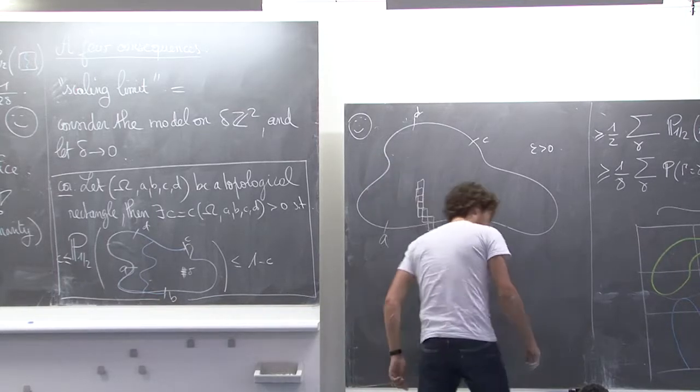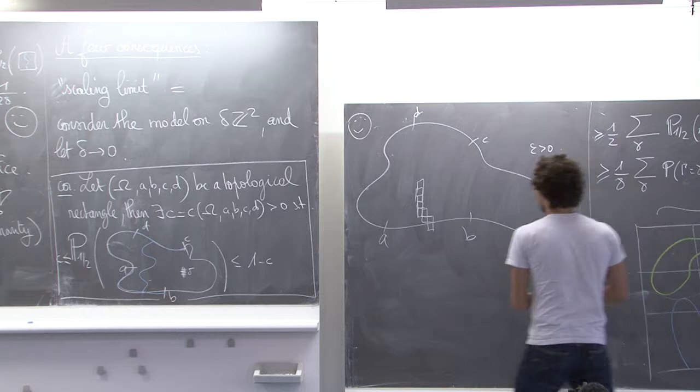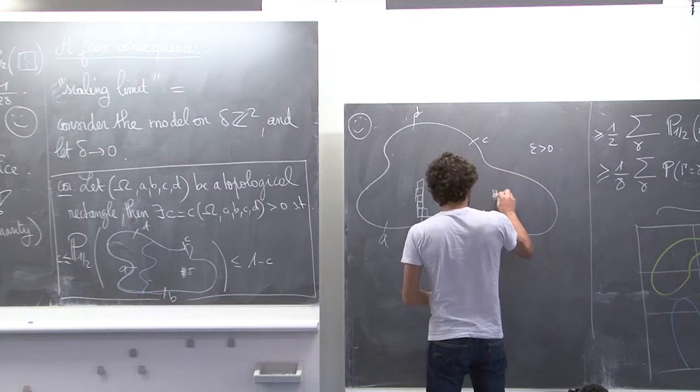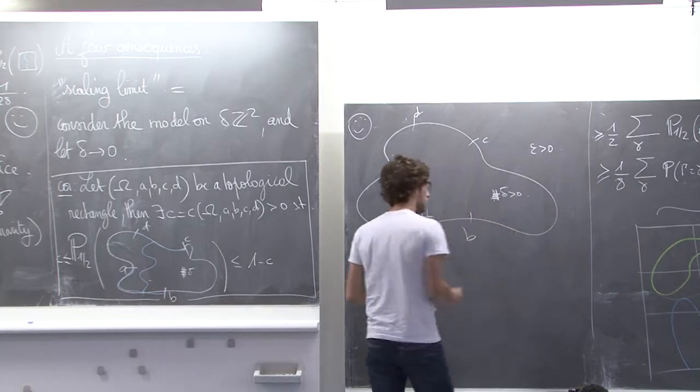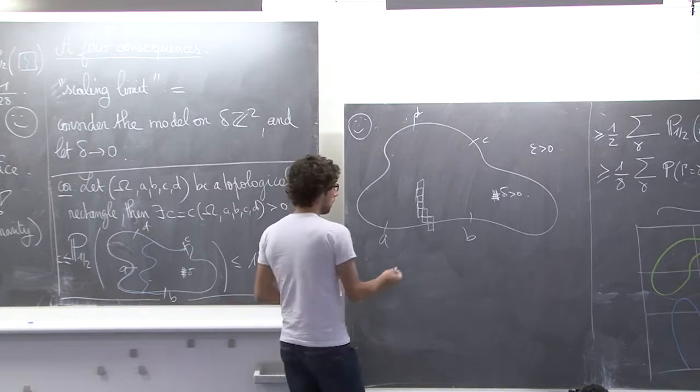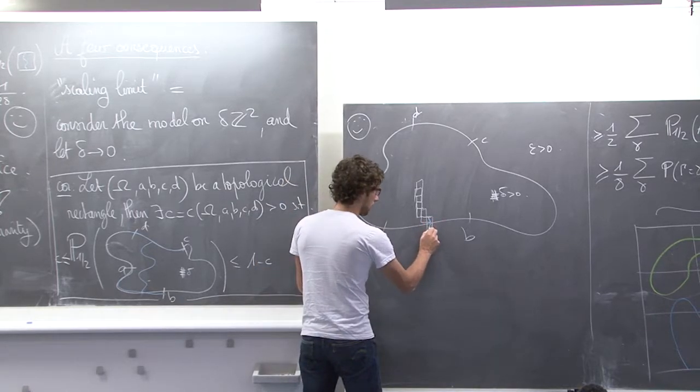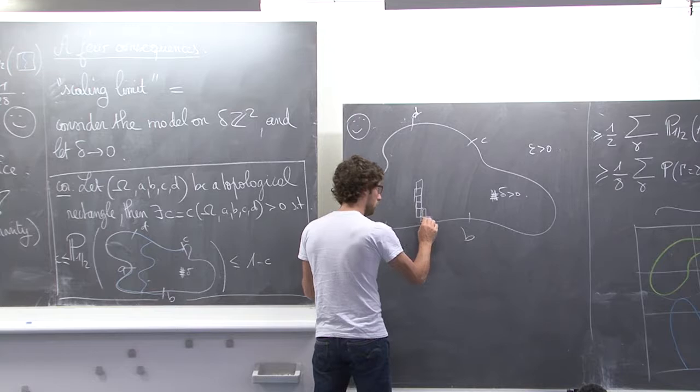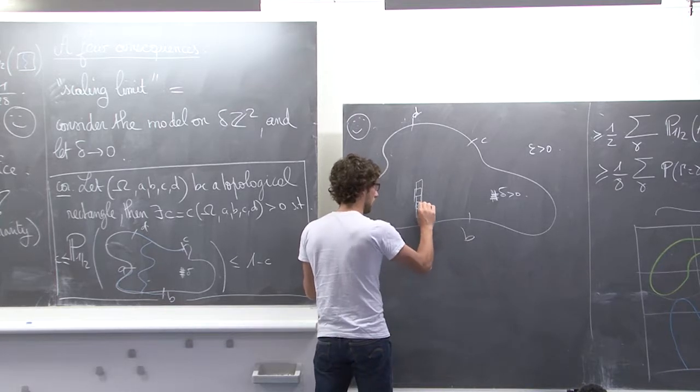And then, if delta is small enough, you just assume that all these rectangles are crossed like that.